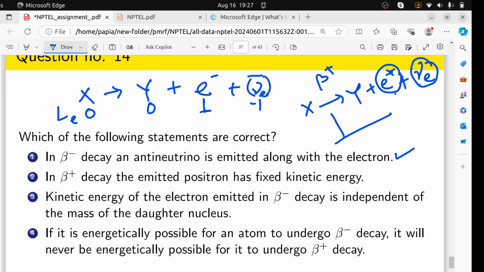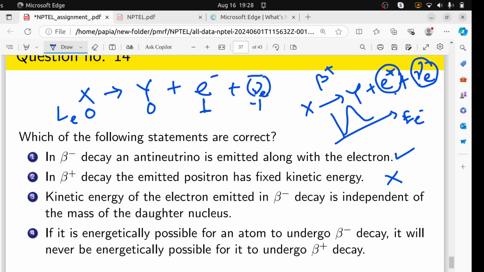So there will be a spectrum-like thing. The energy of the E plus will be a spectrum, because the neutrino also takes some energy, which depends on the energies of X, Y and E and the mass energy. So the statement that the emitted positron has fixed kinetic energy is not correct.